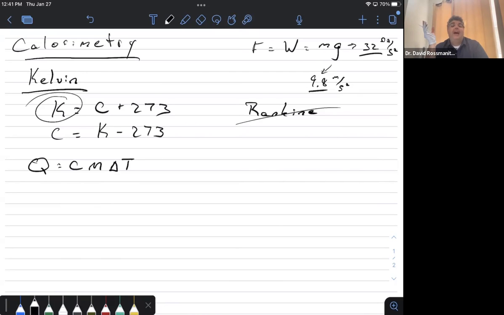What's more interesting are instances where you may have multiple objects all in the same system. Each object is different and it starts at different temperatures. And you say, if I put all these objects together and let them sit a while, the hotter objects will give off energy and the colder objects will take that energy in to heat up until such time as everything gets to the same equilibrium temperature.